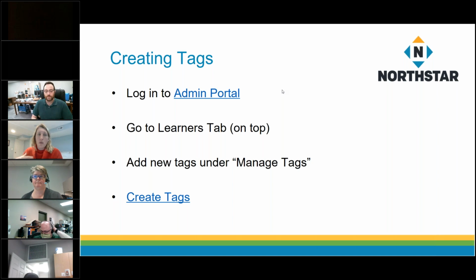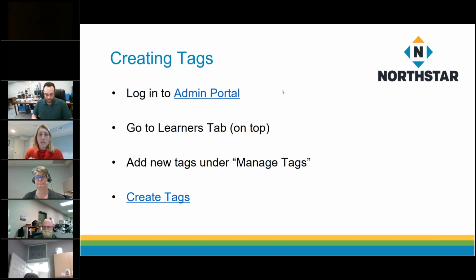And one thing that we want to think about first at your libraries are tags. So the benefit of tags is that if you don't put tags on learners, whenever you run a report, you're going to see everybody who comes into the library and uses Northstar. And that presumably will be a lot of people.